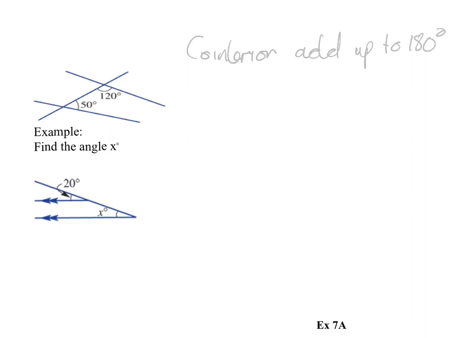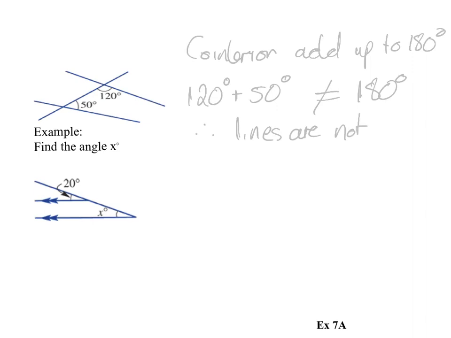So the question is, 120 plus 50, does that equal 180? No, it doesn't. It equals 170 degrees. So therefore, they're not co-interior, and therefore the lines are not parallel.